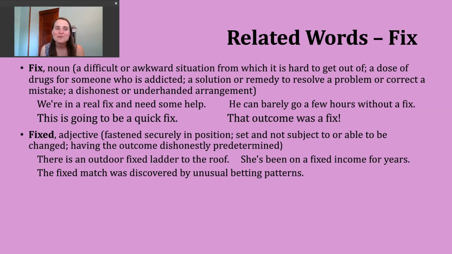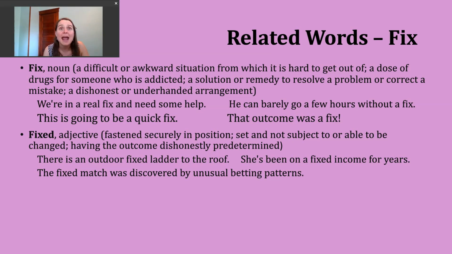A third way we use the adjective fixed is to describe that predetermined outcome that's rather dishonest. So remember, we've talked about arranging something so that we lead to a desired outcome. So an example of this.